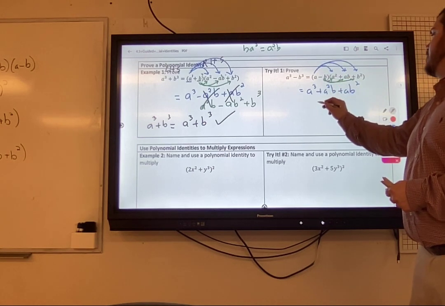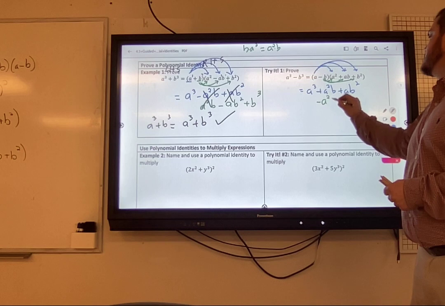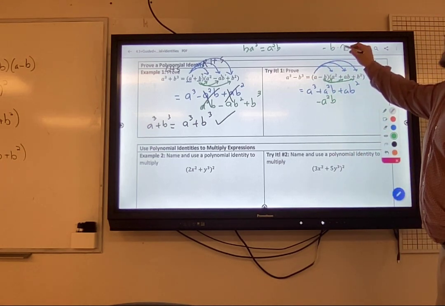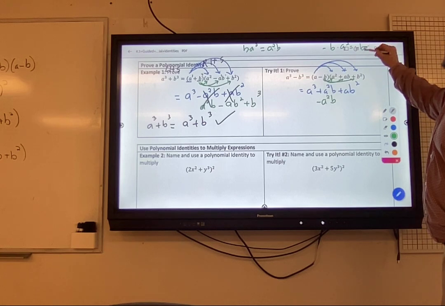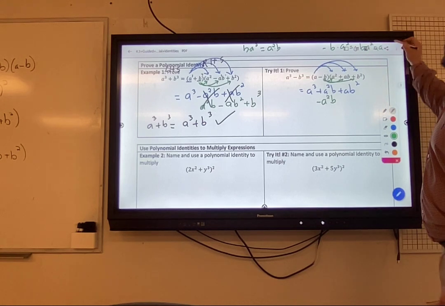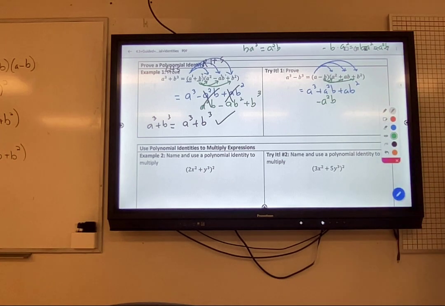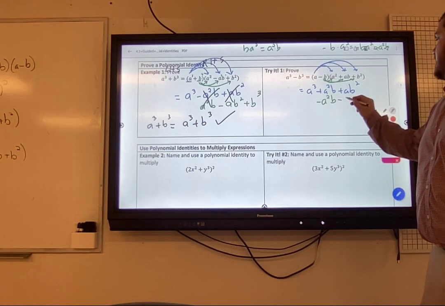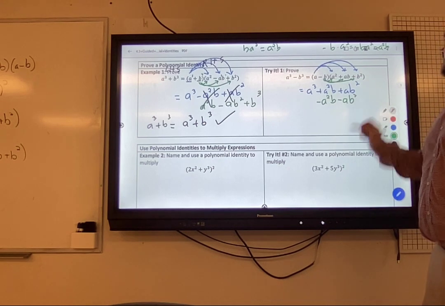Negative b times a squared. I'm going to put the a first. If you do negative b times a squared, that is negative b a squared, which you're more than welcome to rearrange. I just wrote it the same way I had it the first time. And then I've got negative b times ab. That's negative ab squared.